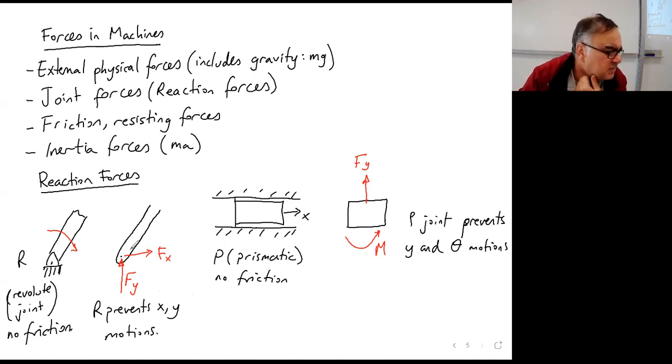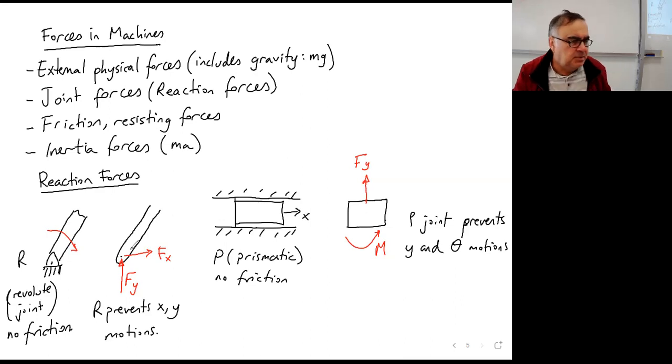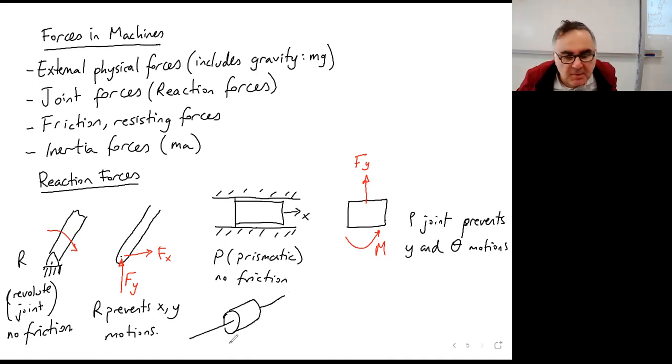If you have a cylindrical joint, for example, which is a kind of three-dimensional thing, but let me give you that example. So this is cylindrical.